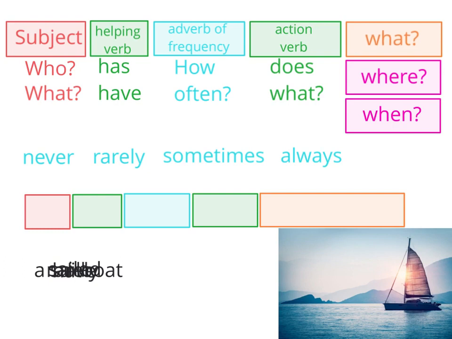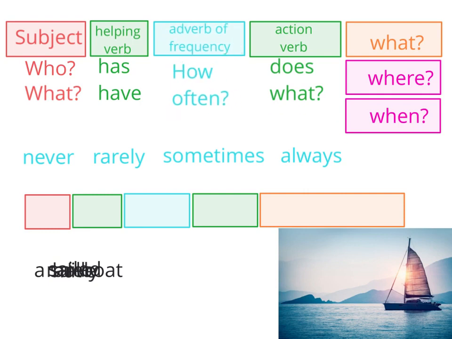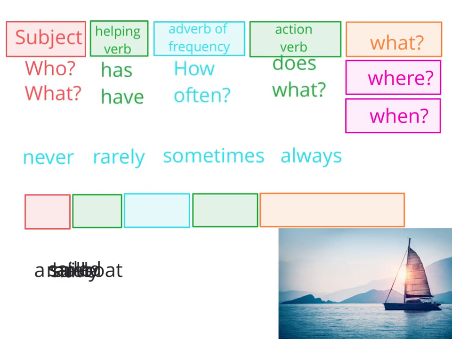After that, we can answer the question what, where, or when, if we want to. For putting the adverb of frequency in this type of sentence, it is going to go right in the middle of these two parts of the verb, after the has or have and before the second part, the action part of the sentence. So let's look at an example.